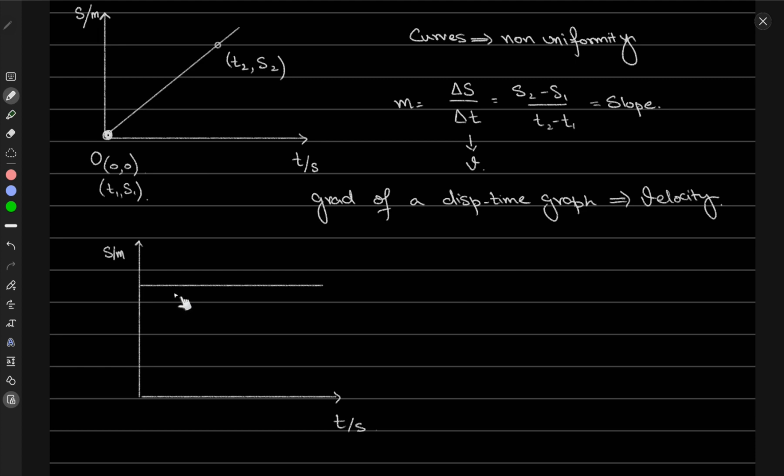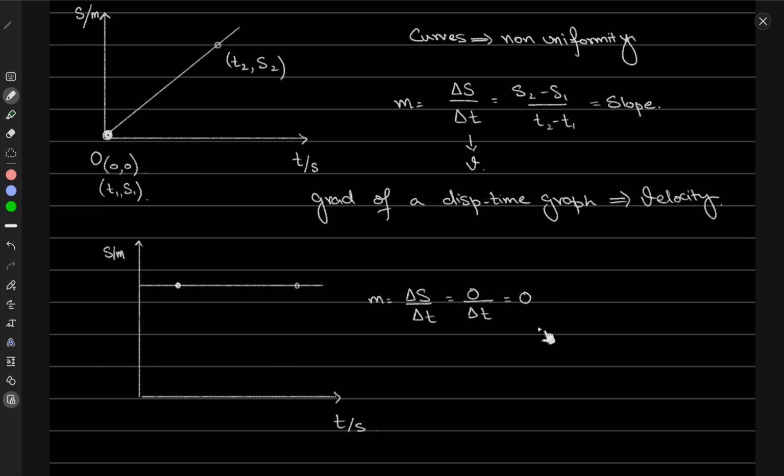The slope is 0. Which means if I take any 2 points on this line, there is no change in the value of s. Remember, the slope was delta s by delta t, so there is no change in delta s, which would keep 0 upstairs, and whatever delta t you have downstairs, it won't matter because this thing vanishes.